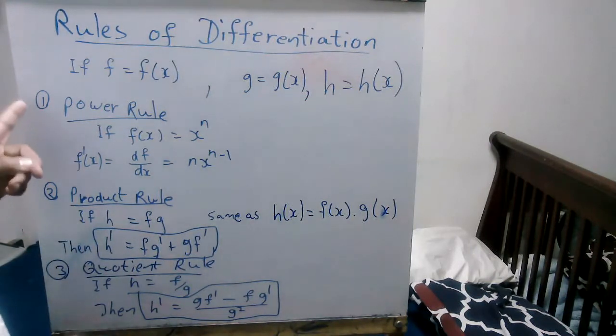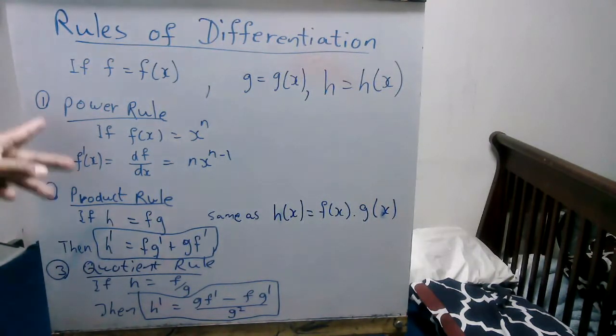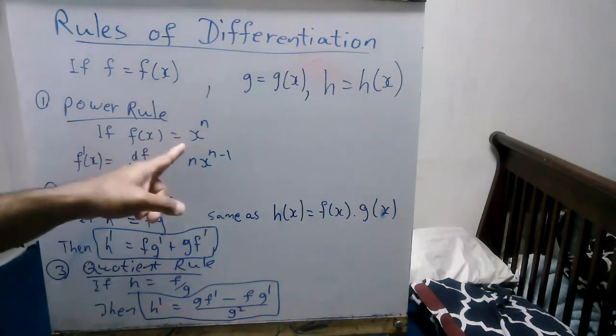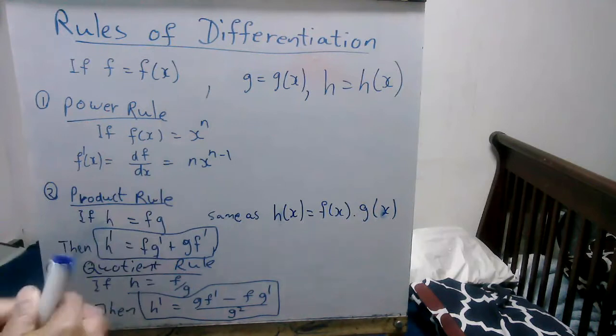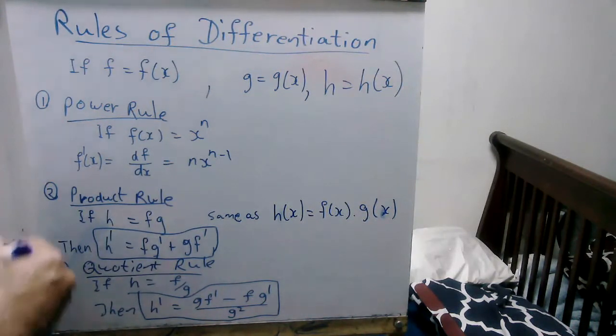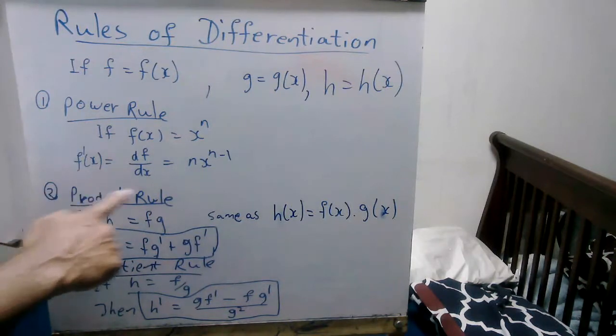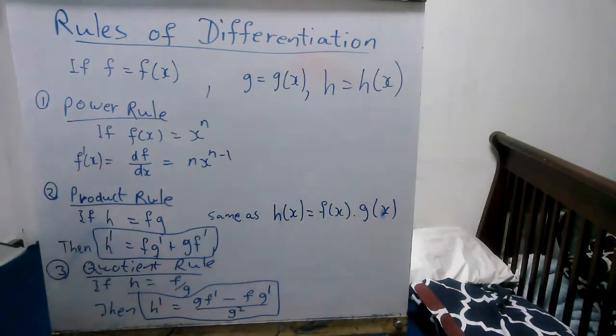Then the power rule, we discussed this already. What the power rule is saying is, if f(x) is x to the power n, we can write the derivative. We write the derivative in two different ways. We learned this last time.